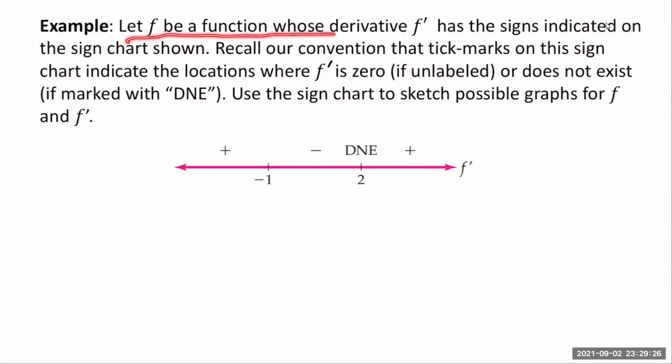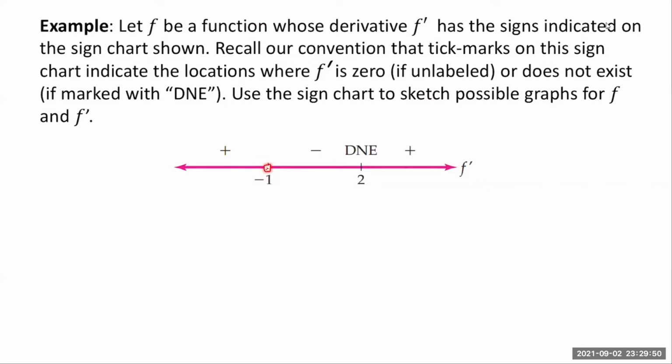Let f be a function whose derivative f prime has the signs indicated on the sign chart shown. This is the sign chart given to you. Here we use a convention: if there is nothing written on top of a number, like for example -1 is marked here but there is nothing written on top, that means the derivative is 0 at this point.